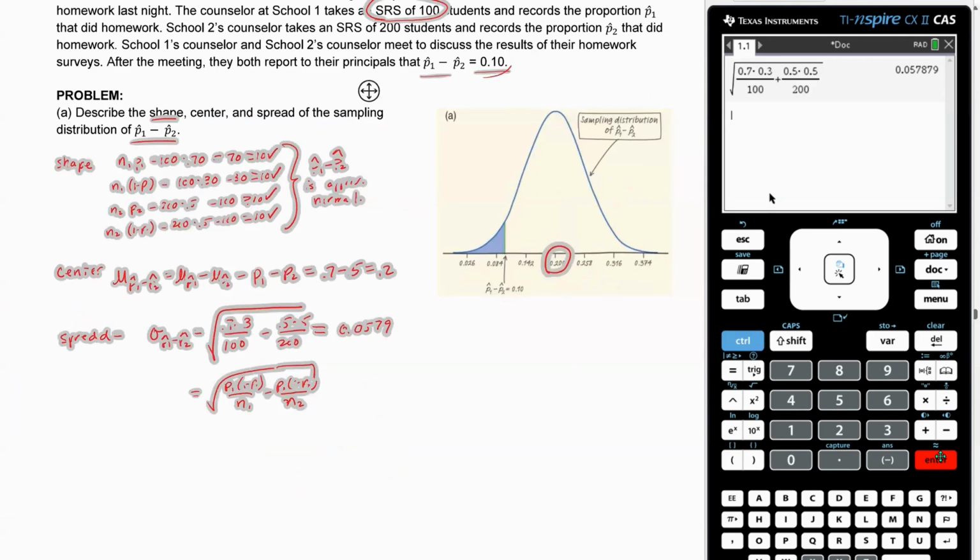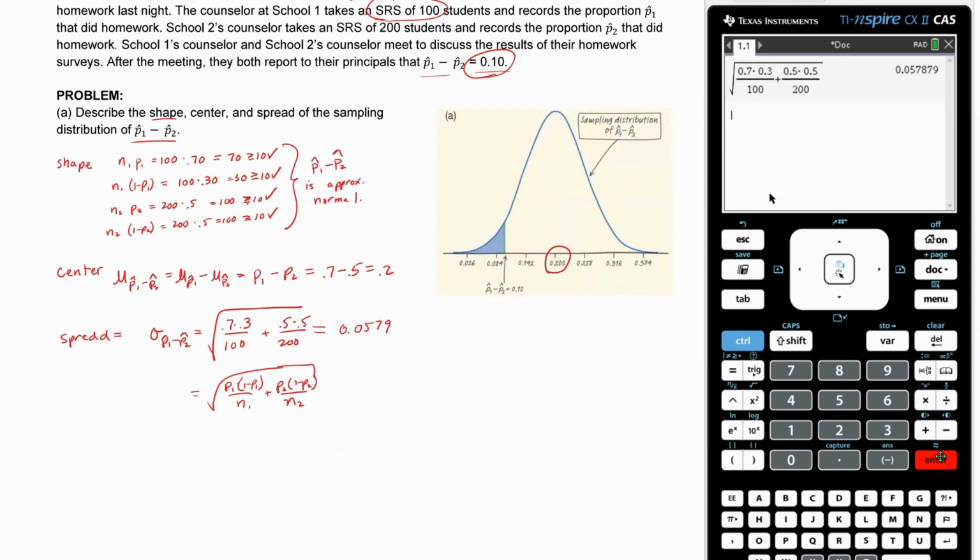Now, how unusual is it that we'd have a difference of 0.1 or more extreme? Well, one way to do this would be to look at that point 0.1. How far is that from what we expected? We expected about 0.2. We got 0.1. Well, we could calculate the z value for that. 0.1 minus 0.2, there's the difference between the observed value and the mean, divided by 0.0579.